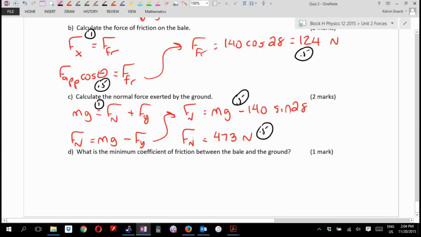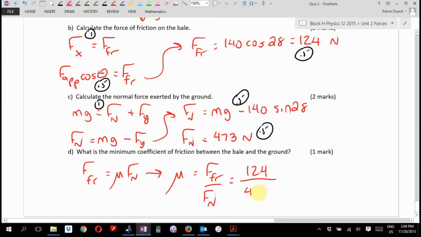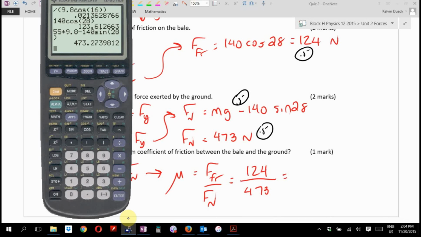D, how many marks is D worth? 1, which means probably it's not much work. Friction equals mu times the normal force, so mu is friction divided by the normal force. I found friction in part B, divided by the normal force I found in part C. Instead of writing 124, I'm going to use 140 cos 28, because that's what friction was, divided by the answer I have stored.